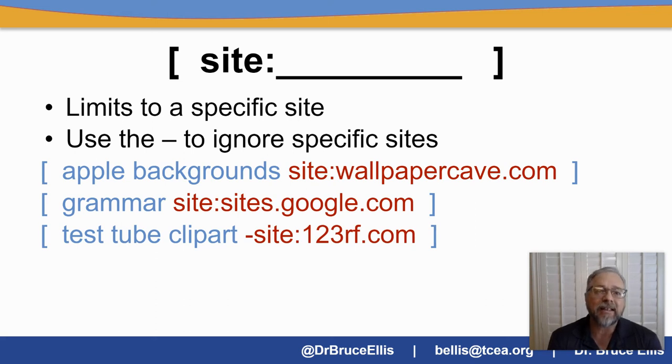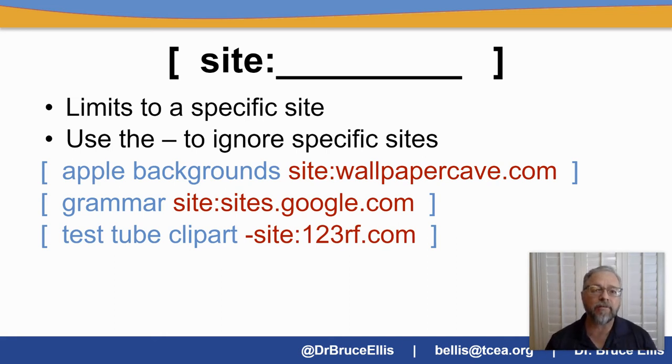So here it's going to limit my search results. Instead of giving me everything on the web, 3.7 million hits, it's going to give me search results specifically from the site that I give. I can use the minus sign before the word site, and that will say, hey, negate or ignore these in my search results.